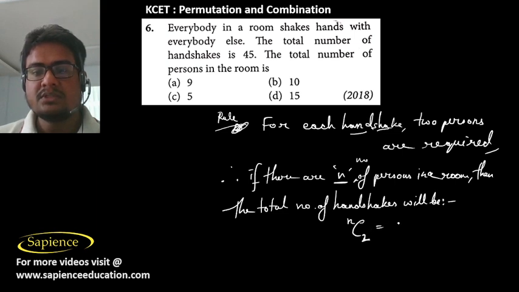So there will be NC2 handshakes. So NC2 is equal to 45. So then we have to find out n.